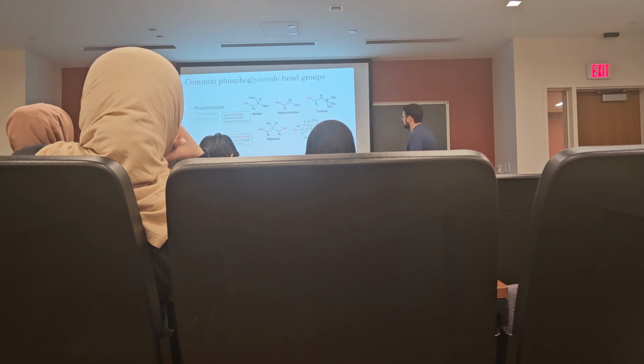So we'll see what that looks like in just a second. And inositol, which is particularly important because phosphorylated derivatives of inositol can also be used as the alcohol in a phospholipid. And as we'll see in chapter 13 or 14, these phosphorylated derivatives of inositol can serve as signaling molecules during signal transduction. Chapter 14, I believe.